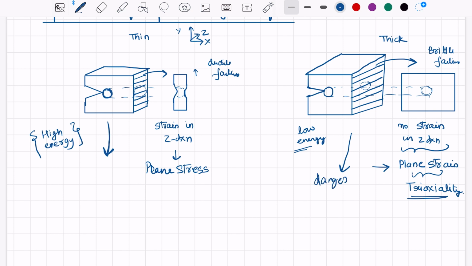Now, what was said is that a thin specimen will sustain for a longer time, and a thick specimen will be dangerous.